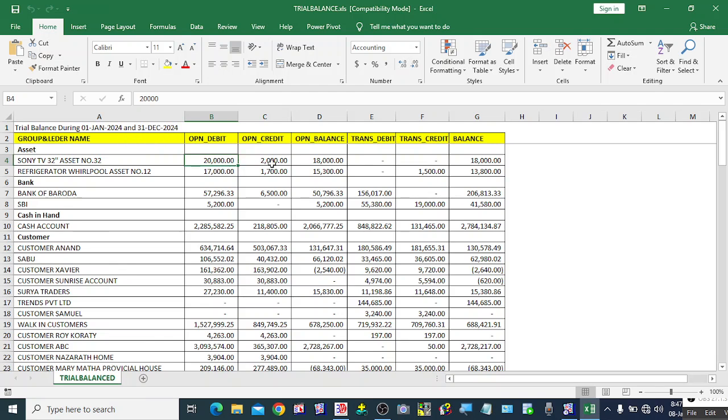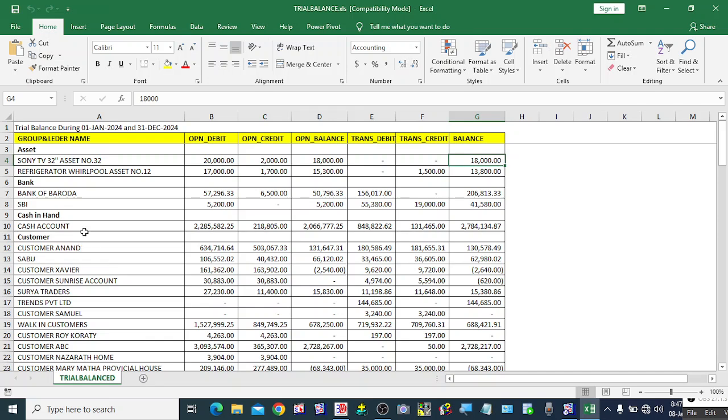The opening debit and credit mean the total debit and credit before the report period, and they will appear in these two columns. On 1st January 2024, the system will display the opening balance here, and as on 31st December 2024, the current balance will be displayed in this balance column.